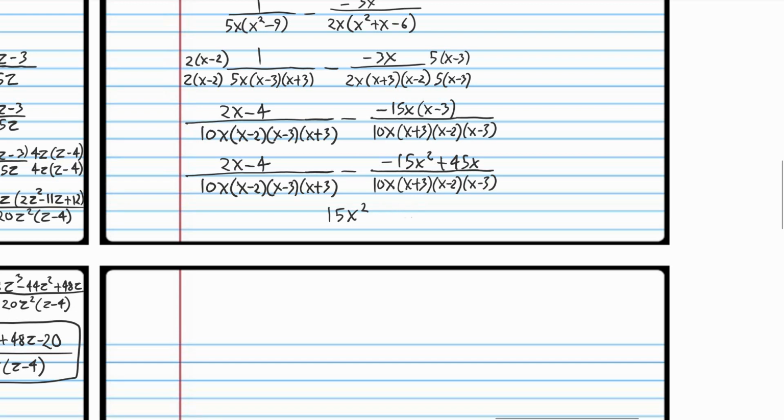Actually, we can combine. So 2x minus 45x is minus 43x. And again, you're subtracting because the positive becomes a negative, because you're subtracting this whole fraction.